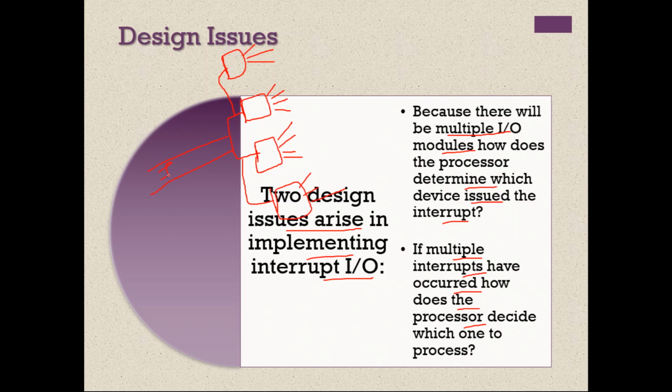Now the CPU is at the other end. Whenever a signal is received on this line stating that IO is completed, how will the CPU know that this IO completion interrupt is coming from which device? How will it understand? That is the first question.